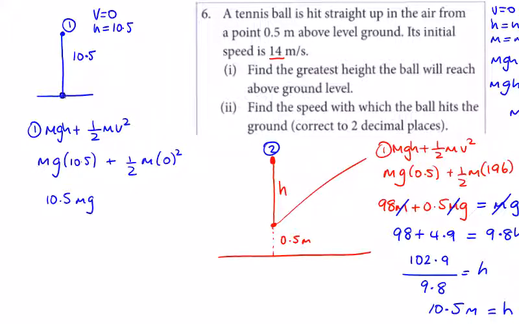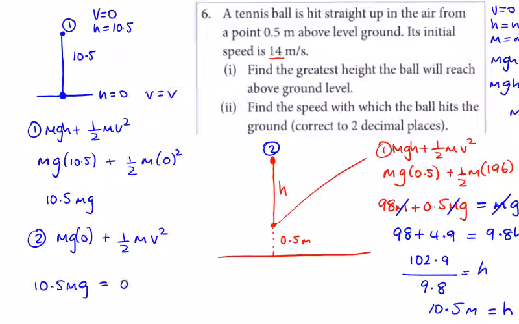And then here for scenario 2, we've got height is equal to 0 and we're looking for its speed. So in scenario 2, mg by 0 plus a half m v squared. So we're going to get 10.5 mg has to be equal to 0.5 m v squared, divided by m, and dividing across by 0.5, we're going to get 21g is equal to v squared.